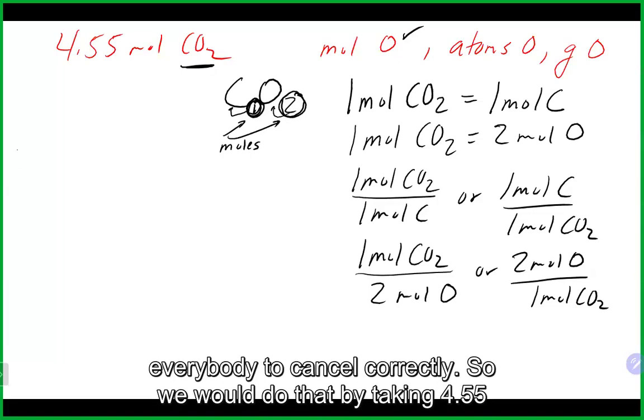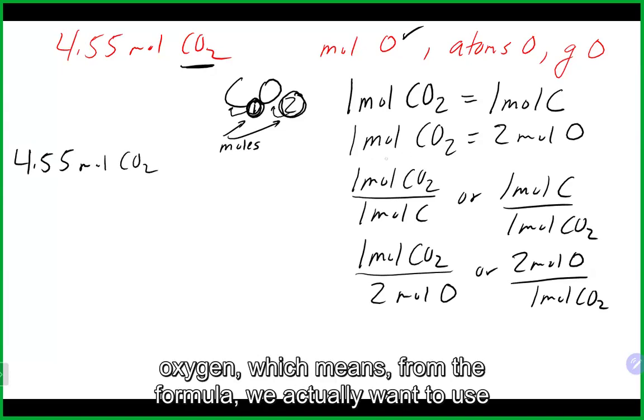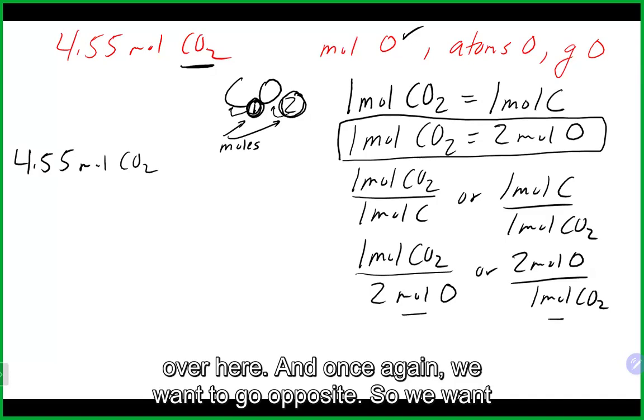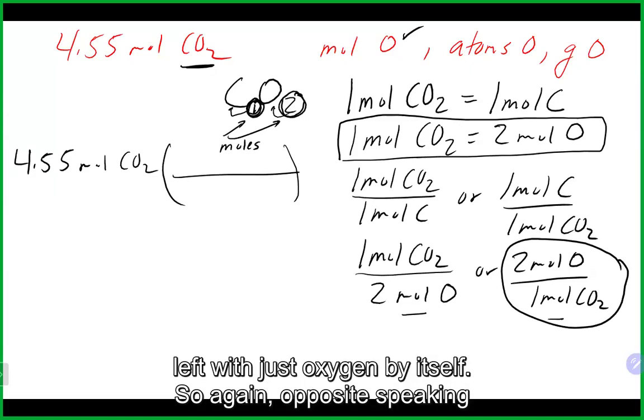So we would do that by taking 4.55 moles of CO2. Again, we want to actually go from CO2 to oxygen, which means from the formula, we actually want to use this relationship, which gives us these 2 conversion factors over here. And once again, we want to go opposite. So we want to get rid of moles of the entire thing and want to be left with just oxygen by itself.